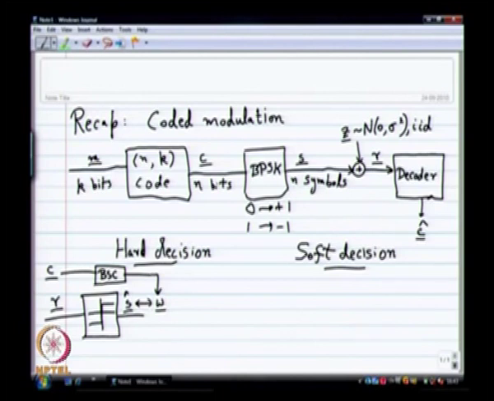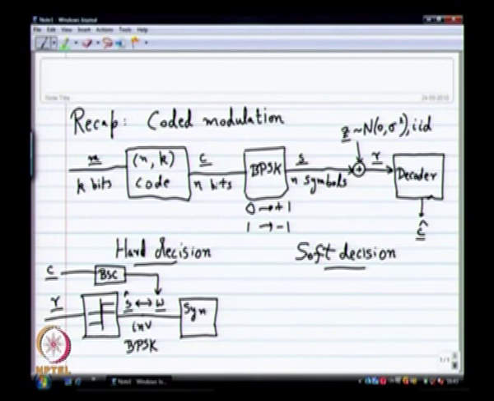So, your S cap would be a symbol, it will be +1 or -1, from +1 you go to 0 and from -1 you go to 1. So, this is basically inverse BPSK. You do inverse BPSK, you are only simulating a binary symmetric channel, and then you run your classical syndrome decoder on this.